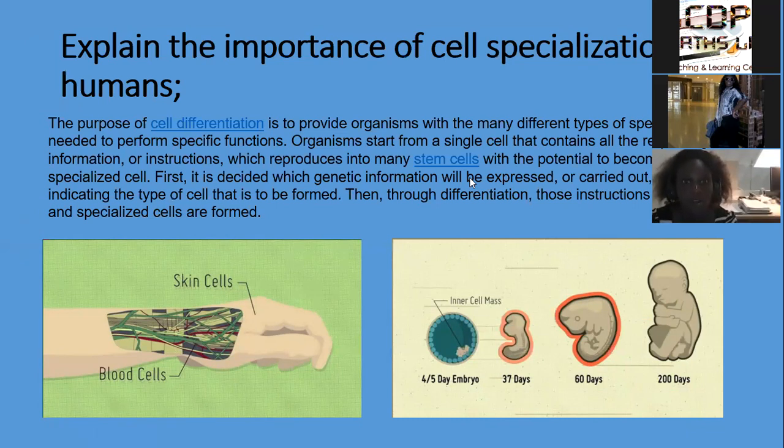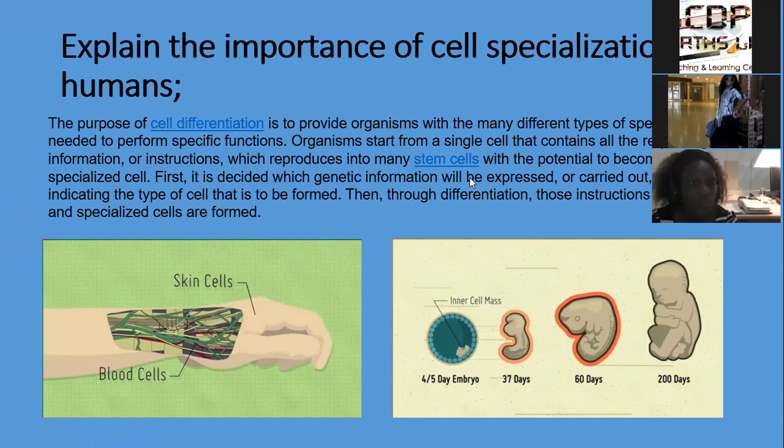An organism starts from a single cell that contains all the required genetic information or instructions, which reproduces into many stem cells with the potential to become any type of specialized cell.